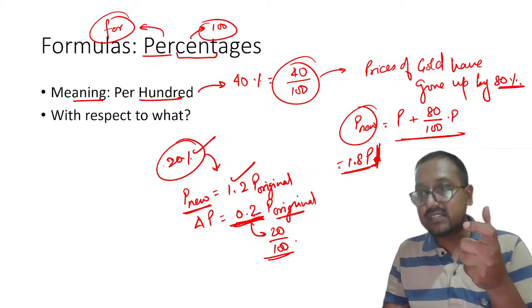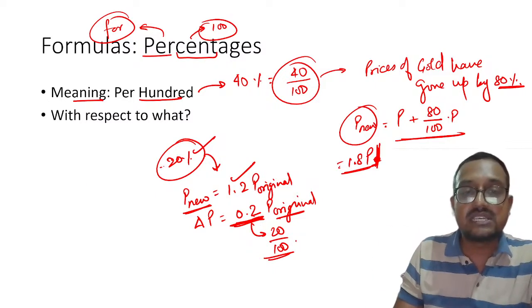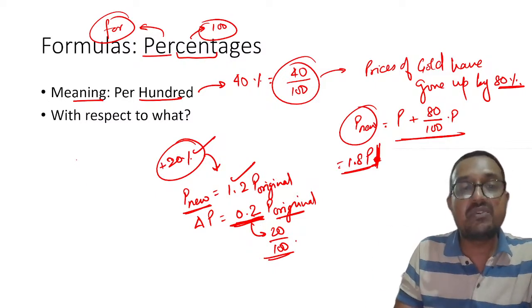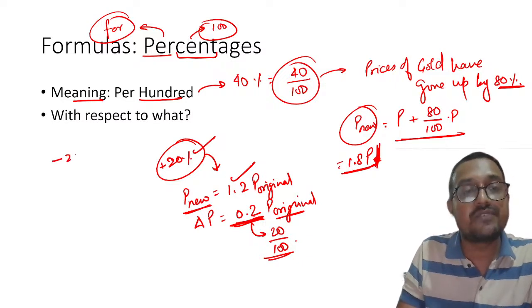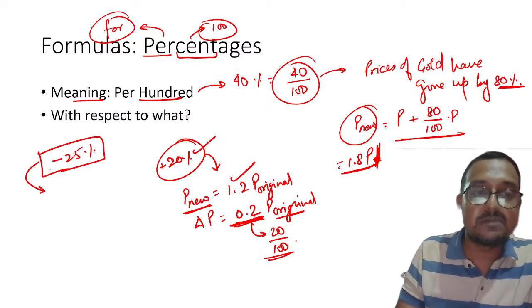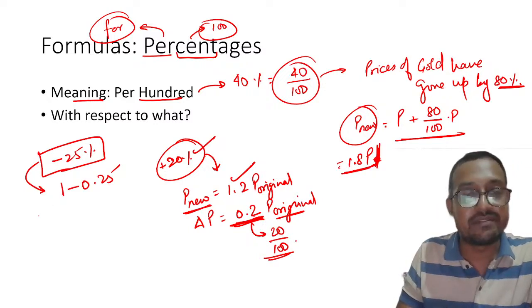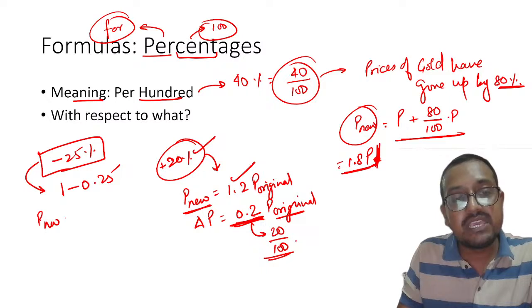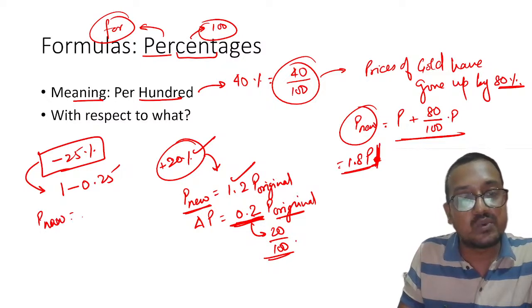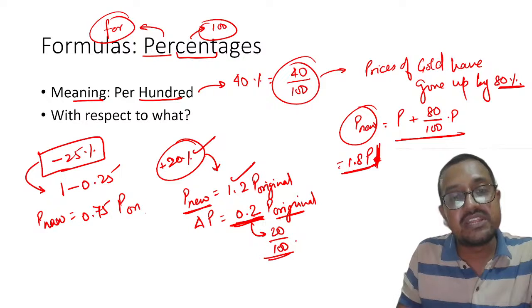Make this a regular habit, so that whenever you attempt a question, it becomes easy for you. Same way, if you want to reduce, let us say a 25% reduction is observed in some XYZ. So what will happen here? P new will be equal to 0.75 P original.